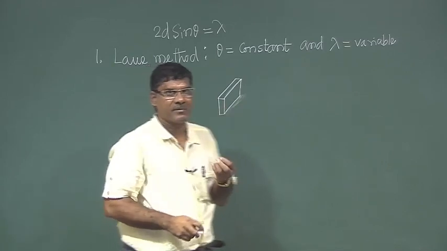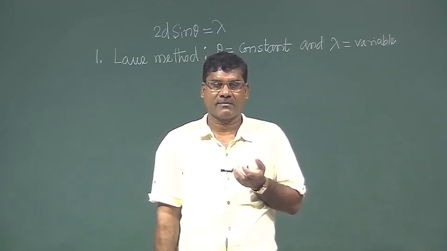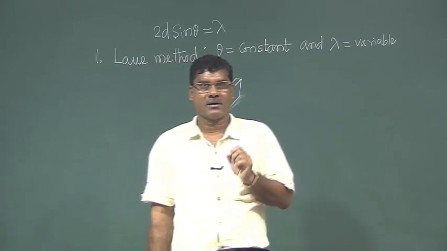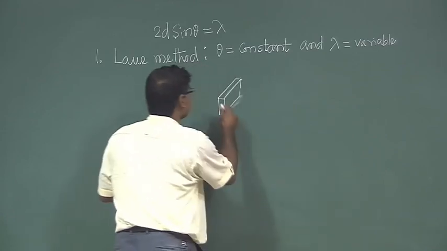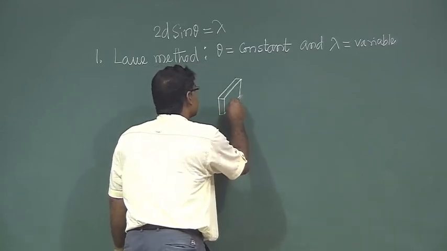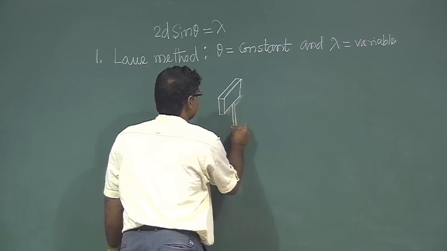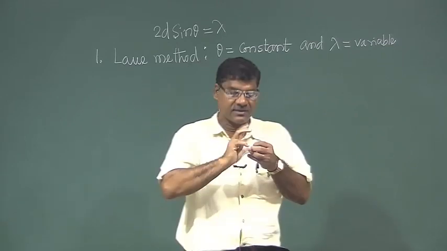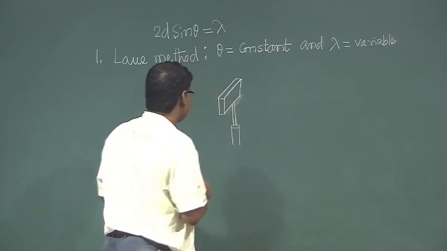This is a small piece of a single crystal. I have shown you this silicon single crystal. This small piece is put on the head of a goniometer. Goniometer means you can change the angle.